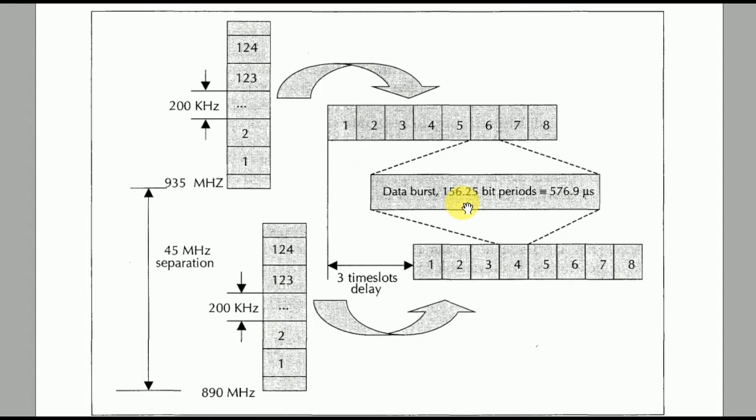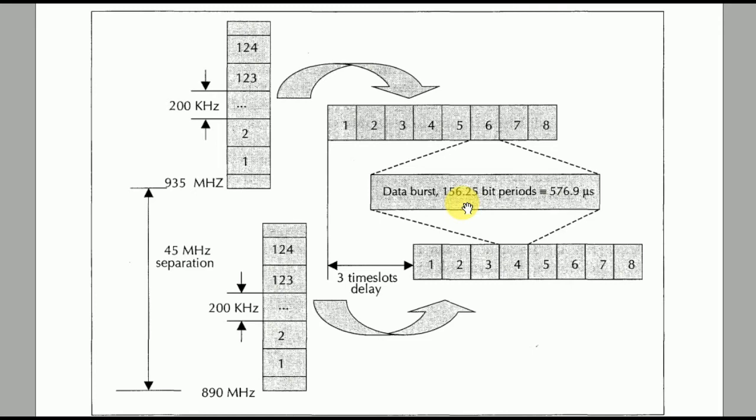So 8 burst periods are grouped into a TDMA frame. Then what will be the time duration of one TDMA frame? One TDMA frame is approximately 4.615 milliseconds.